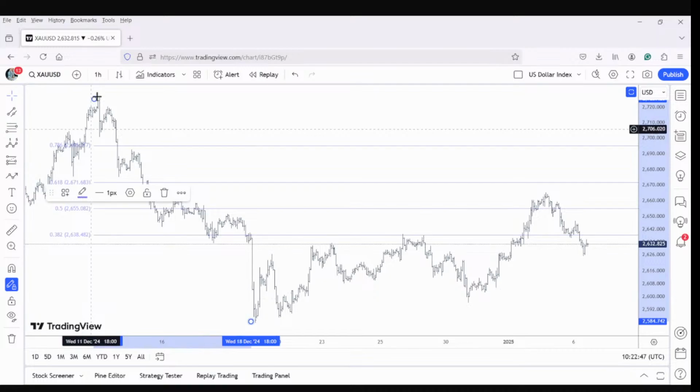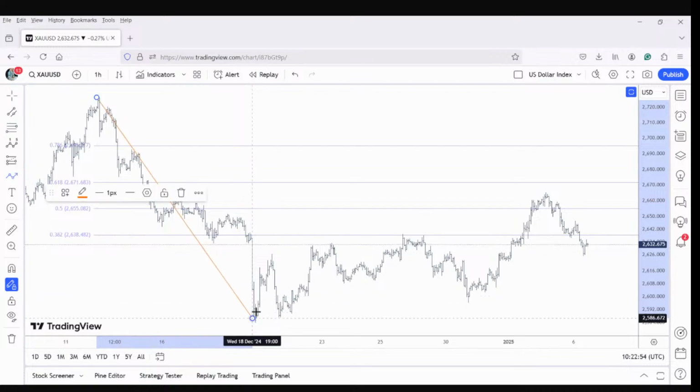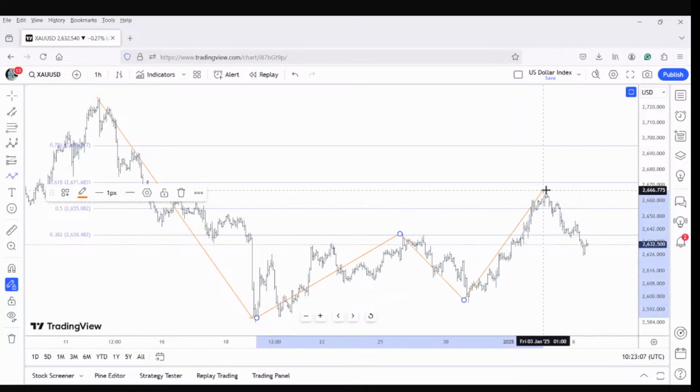That is the first wave lower, which looks like an impulse, followed by a corrective rally. All right. So it was just shy of the 61.8% mark from 2665.